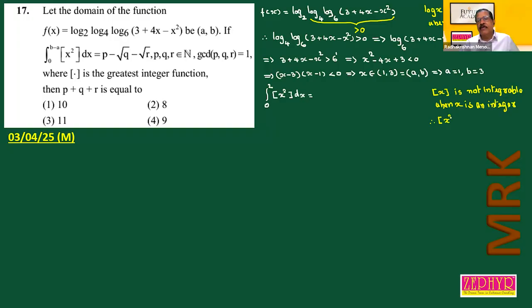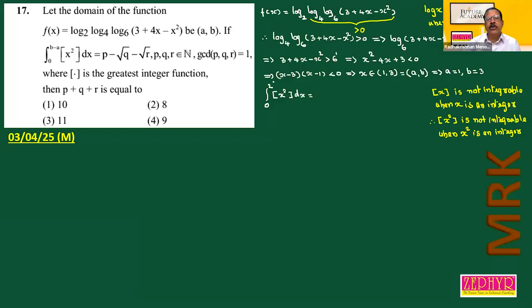So integer part of x squared is not integrable when x squared is an integer. അപ്പോ എക്സ് സ്ക്വയർഡ് ഇന്റിജർ ആവുമ്പോൾ ഇന്റഗ്രബിൾ അല്ല.